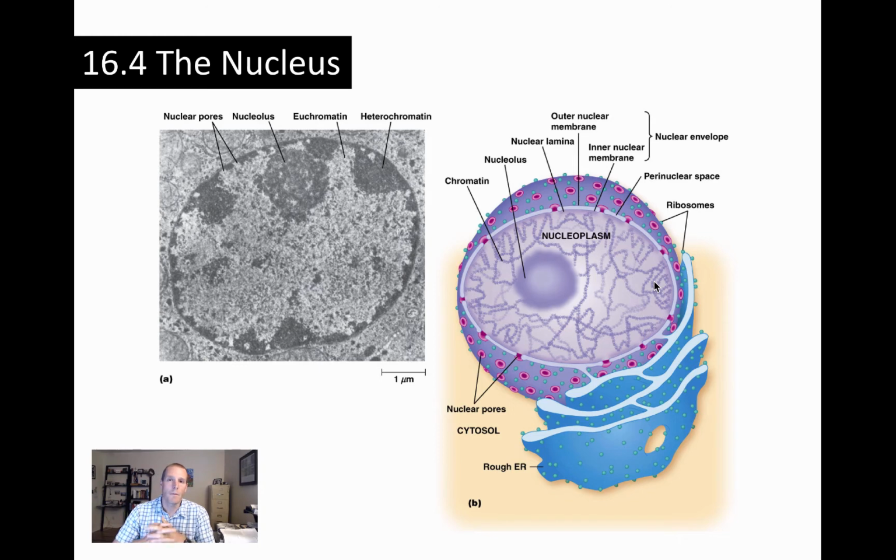So as you know, the nucleus is bounded by a structure called the nuclear envelope. It's got an inner membrane and an outer membrane, and those two delineate a space called the perinuclear space.